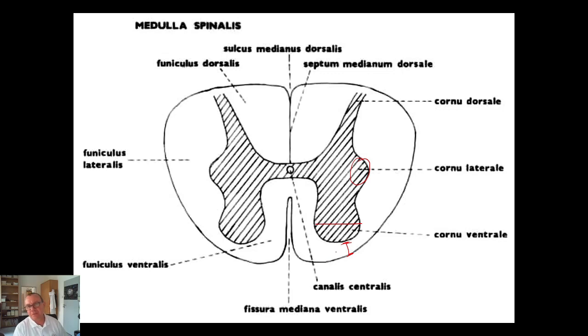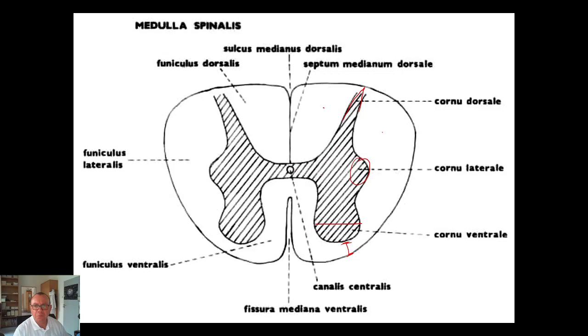There is a piece of white matter between the tip of the ventral horn and the surface of the spinal cord. Dorsal horns are thinner and they reach the surface of the spinal cord and divide the dorsal white matter into two funicles.